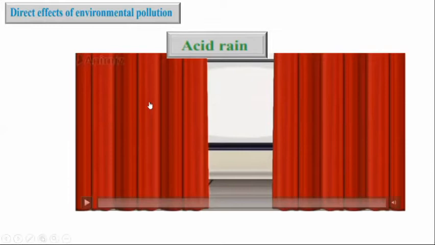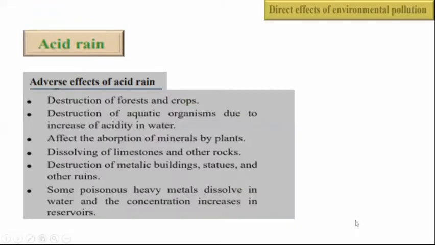Now you understood about acid rain, how it is formed, right? Now let's see the adverse effects of acid rain. It destroys forests and crops, and aquatic organisms are destroyed because of the acidity inside the water.